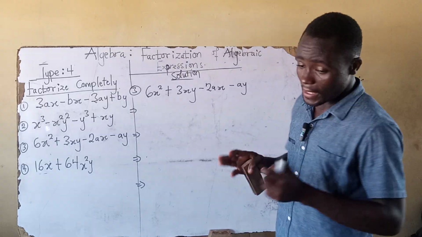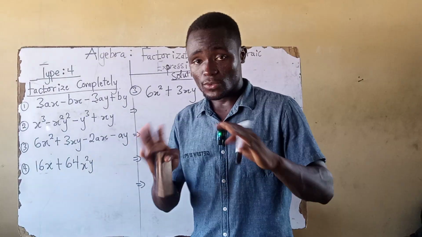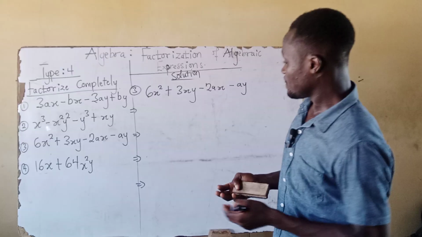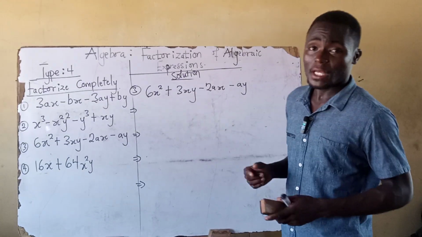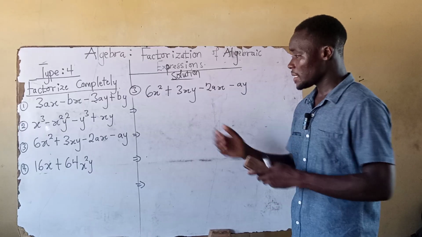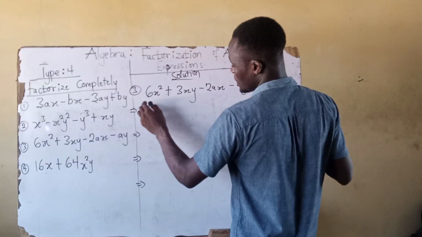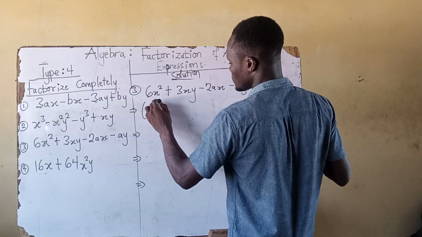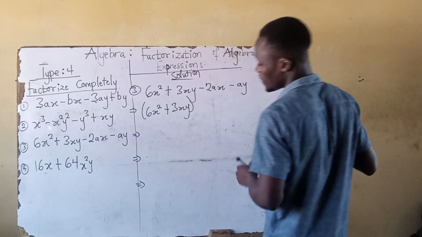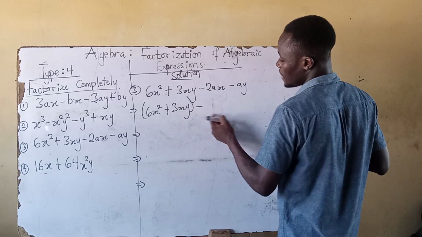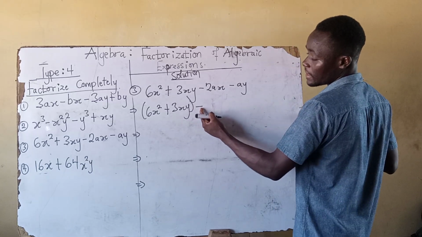So over here too, as I said, we are going to take the individual terms and group them one after the other. So individual two terms, can we pick this and this? Yes, we can do that because they have something in common. So I can pick 6x squared plus my 3x, group it as 1, 4. I can also pick this minus. Remember, my minus sign is very important.